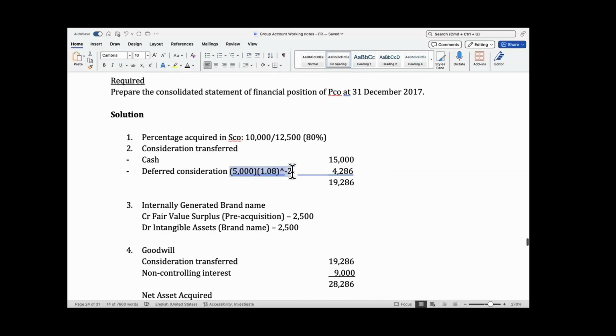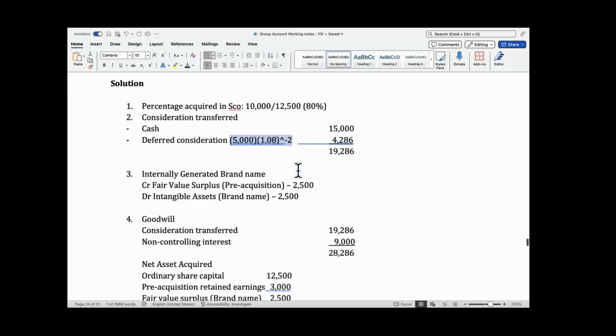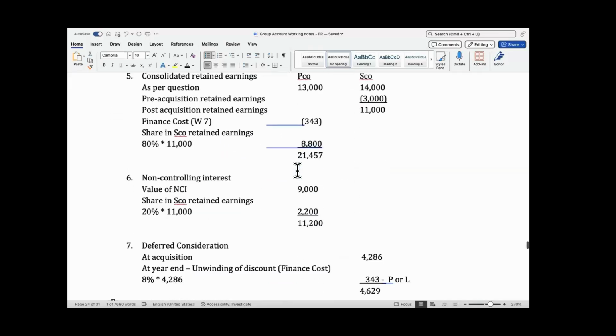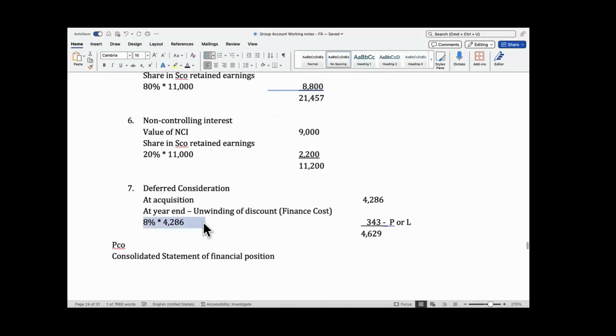Can you confirm this one again, please? This 1.08 raised to power minus 2 times 5,000? That's 4,286. Yes. Okay.